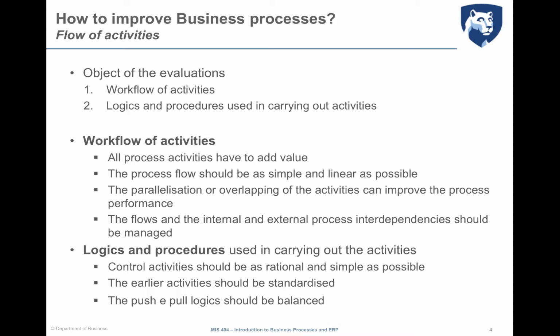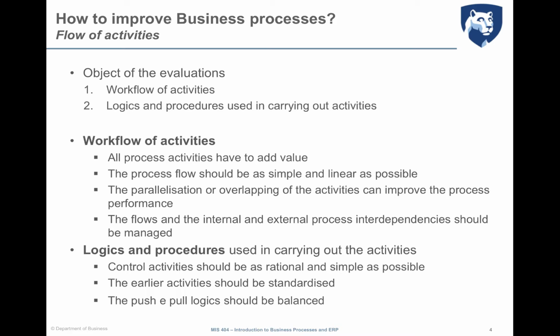First of all, we have the flow of activities. When we talk about the flow of activities, we think first of all about how the process flow is structured, meaning that all the activities need to bring value to the process flow, that the flow should result as linear, and parallelization and overlapping of activities should be made without bringing more complexity, despite being designed for improving process performance.